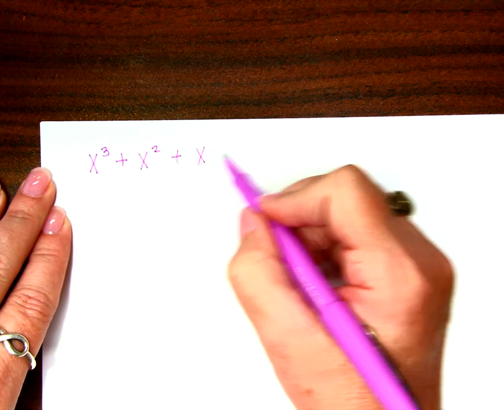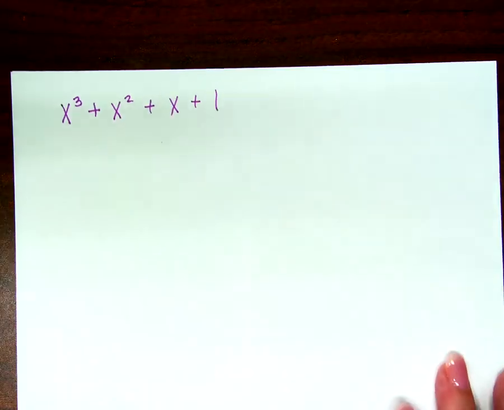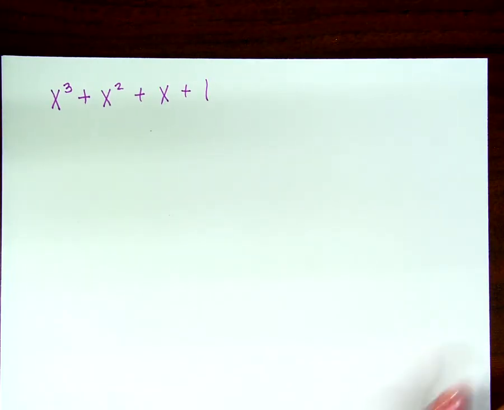I'm just going to start off as easy as I possibly can. Oh, here's a good trick question. What kind of polynomial is this? What do you think? Guesses? You ready? It's called a polynomial.